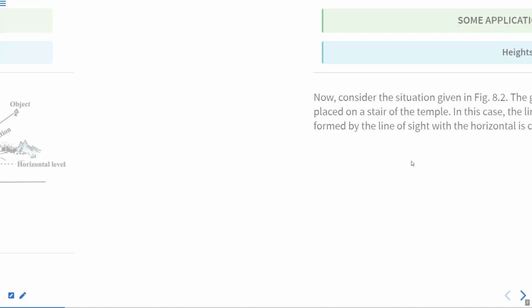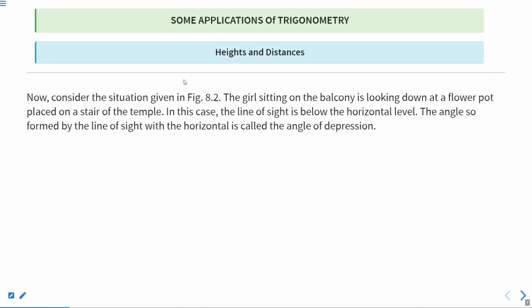Now consider the situation given in figure 8.2 that you studied in the previous chapter. The girl sitting on the balcony is looking down at a flower pot placed on a stair of the temple. In this case, the line of sight is below the horizontal line, since she is looking down at the flower pot.